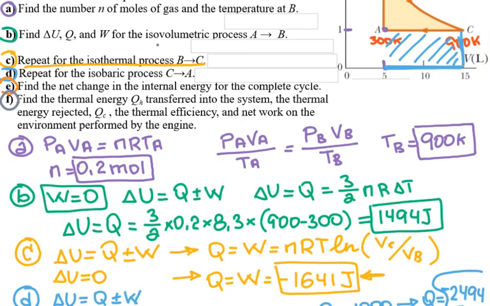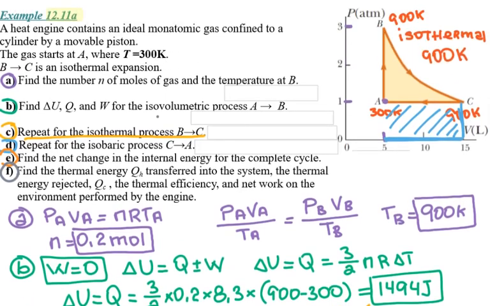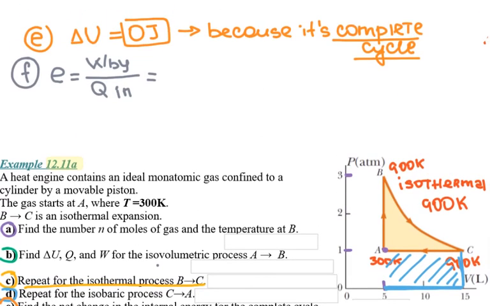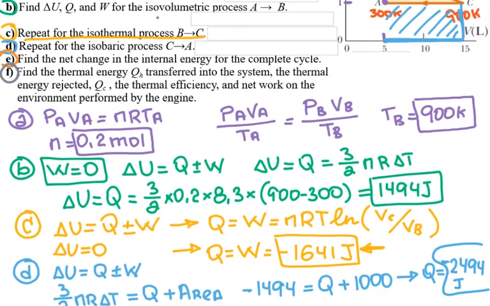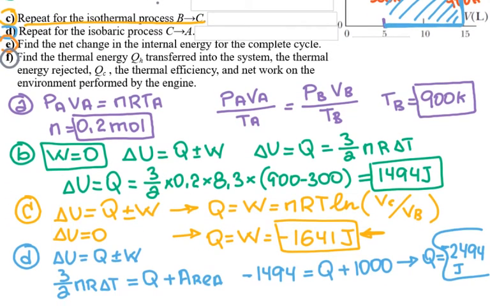So that is negative 1641. So that was positive work on the environment, 1641. I don't plug in my negative. But also the work done on the gas was negative on the environment, but positive on the gas, and that's the work where we had 1000.